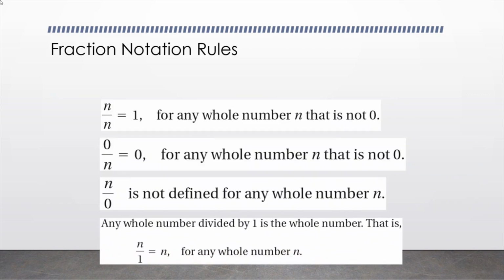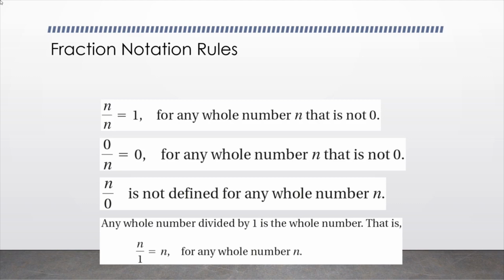All right, here are some fraction notation rules. We kind of went over this in the previous unit, but we'll go over it again because we're dealing with fractions here. So n divided by n, or a number divided by another number, is going to be 1. 0 divided by a number, which spells 0 on top, gives you 0.